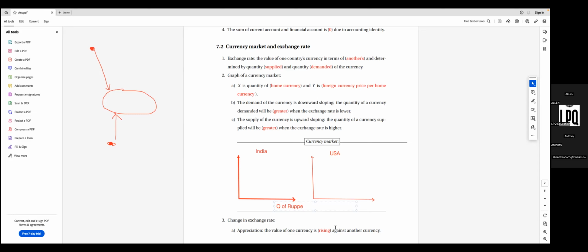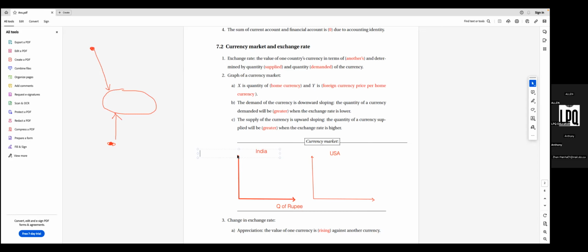How you label the vertical axis is important. Be careful here. People make a lot of mistakes regarding how they label the vertical axis of a currency market.